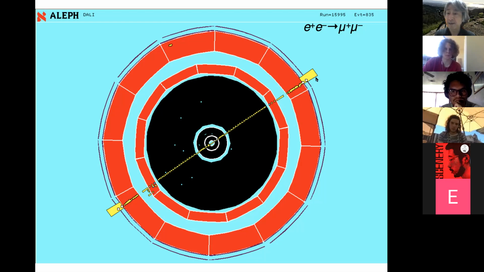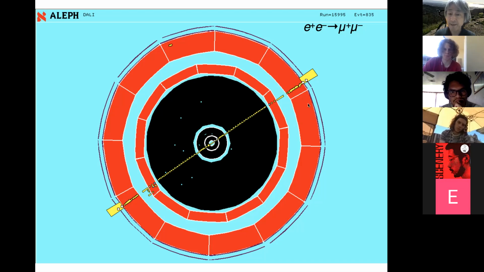And you see one hit in a muon chamber, that's the name of the detector over here, and another muon on the other end of this outermost layer, the muon chamber. So you know this is two muons. And it's hard to tell in this picture, but there's a magnetic field applied on this detector. So the track of the muon is slightly bent.